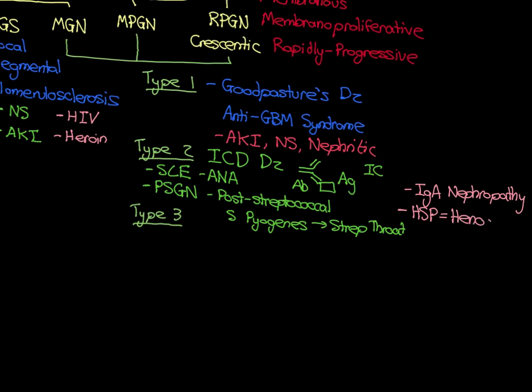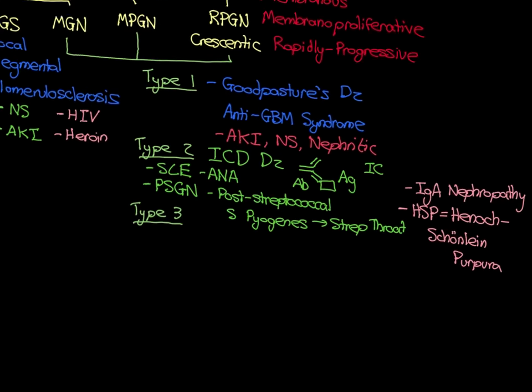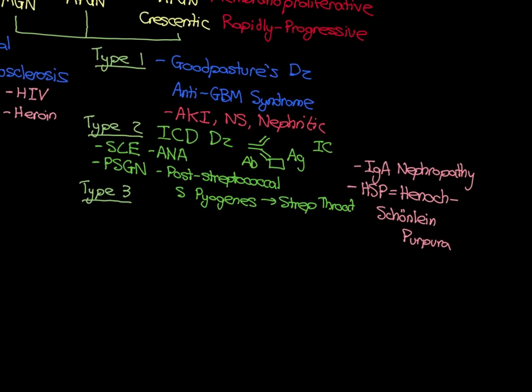So let me just concentrate on spelling this. Henoch-Schönlein, it's got that funny thing where you've got the two dots above the O. So Henoch-Schönlein purpura, so HSP. So these two are believed to be very much related to one another. They're believed to be problems with the production of IgA.